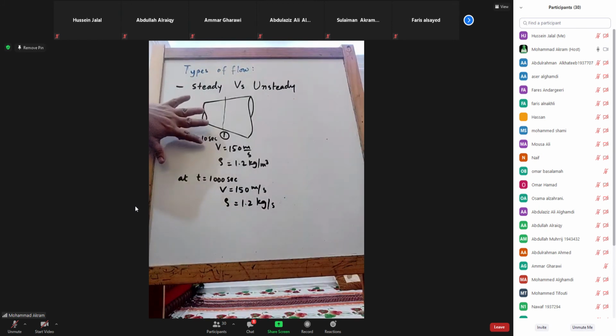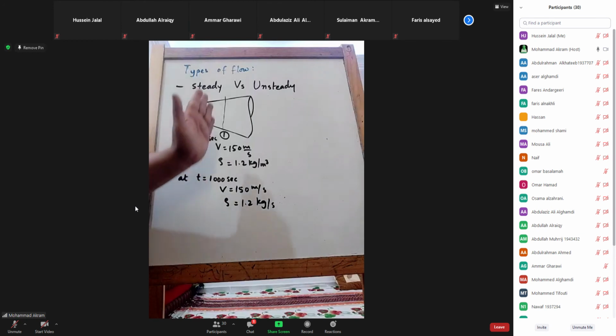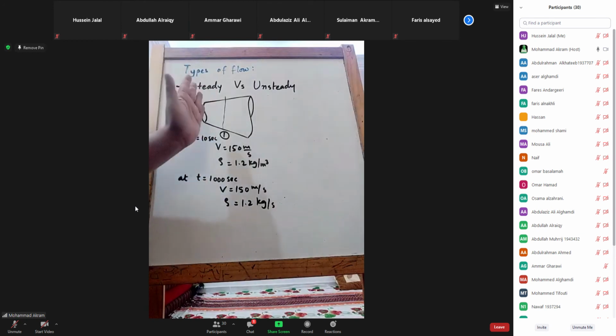Whether you check at any point, if the properties, meaning pressure, density, velocity, etc., are the same at a particular location with respect to time, they are not changing with time, then it is called steady flow.